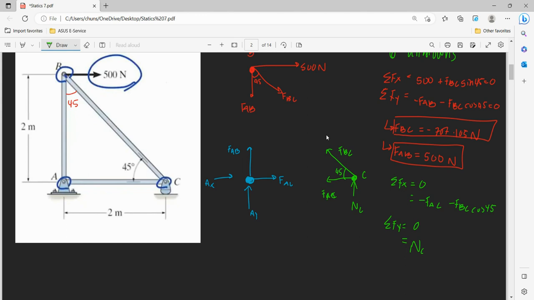And so we only really need our y equilibrium equation. And this will be plus FBC sine 45 equals 0. So then we can find our normal force to be equal to, so BC was negative 707.106, and that's times sine 45. And move it to the other side, that is positive 500.